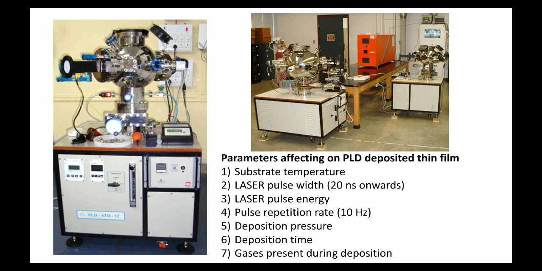Because the laser is continuously bombarding the target, the rate of nucleation and growth in pulsed laser deposition is very high. So the material doesn't get enough time to become completely defect free. In order to minimize these oxygen vacancies, sometimes it is better to supply some flow of oxygen.